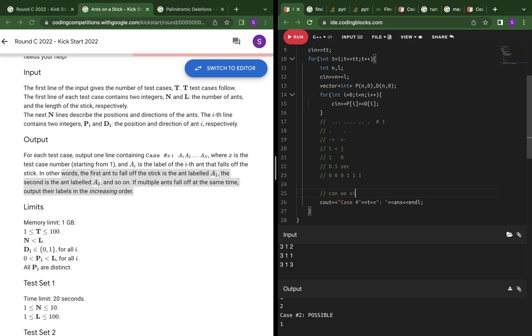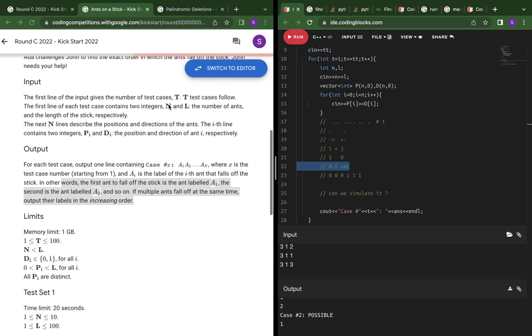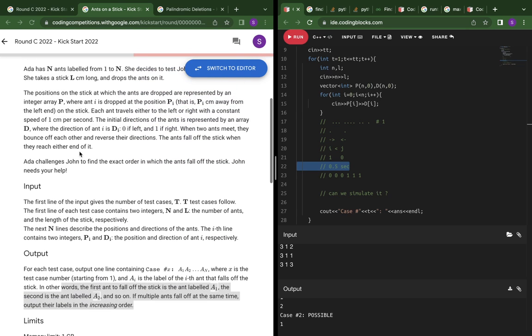And the last observation is, can we simulate it? Let's see, can we simulate it? Can we just go on increasing time by 0.5 seconds, because each bounce will happen in a minimum of 0.5 seconds, because pi is an integer, I guess.